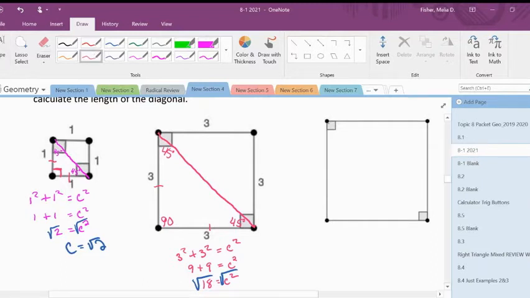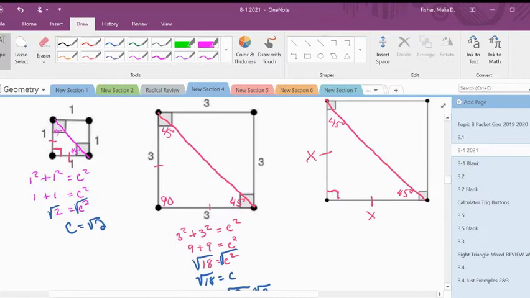Let's go ahead and draw on the last one here. And again, we're ending up with a 45, 45, 90 triangle because it's a square. And we know that these two pieces will be the same length. Let's call those x. So now I have x squared plus x squared equals c squared.